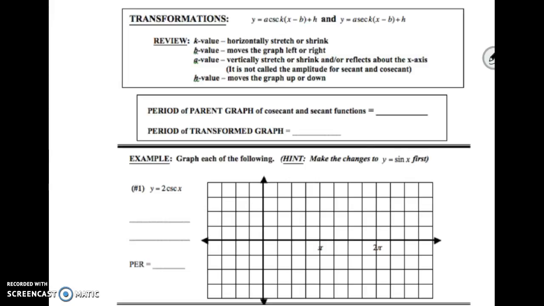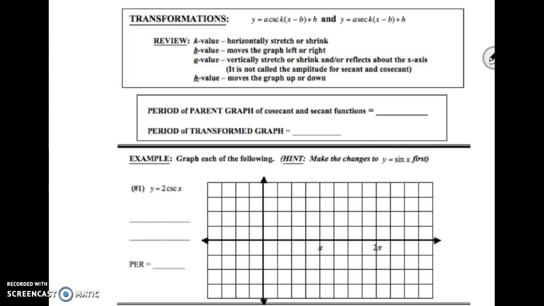The same rules apply. A k value affects our period, so that's either going to horizontally stretch or shrink our picture frame window. Our b values are phase shift. That's going to move the graph left or right. An a value is going to change our amplitude. So that's either going to vertically stretch or shrink and or reflect if it's negative, our graph about the x-axis.